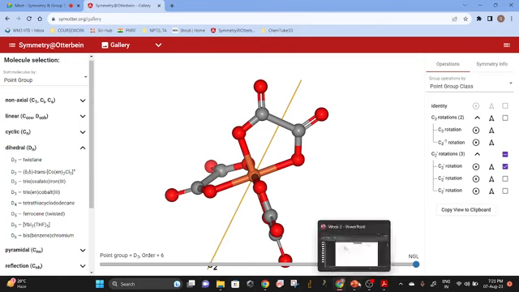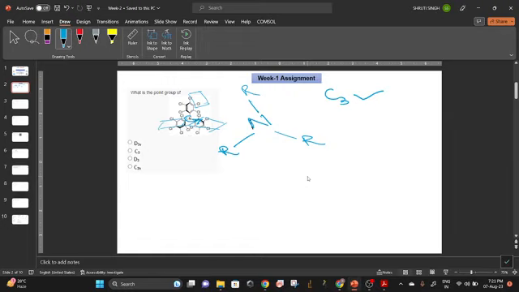So in our case it will be passing through the center of the ring and through nitrogen. When you do a 180-degree rotation, these two will get exchanged, and it will stay in its place. Now there are 3 rings, so we will have 3 C2, one for this ring and one for this ring.